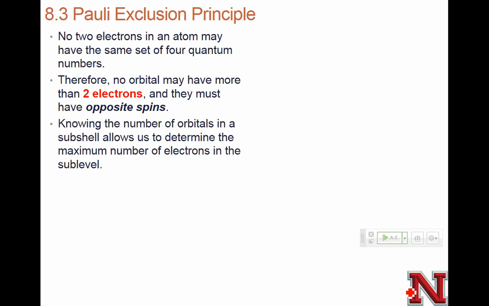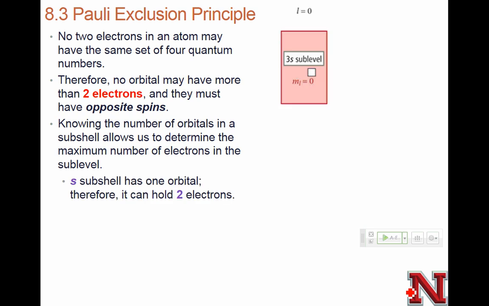If you know the number of orbitals in your subshell, you can figure out the amount of electrons in each sublevel. So remember our S subshell, L is 0, so ML can only be 0. That means we have 1 orbital in that S subshell, so it can have a total of 2 electrons, 1 spin up and 1 spin down.